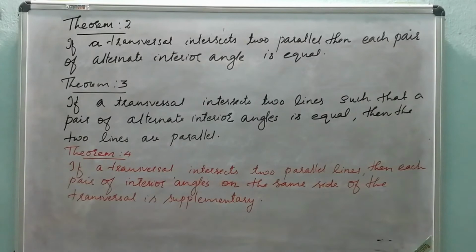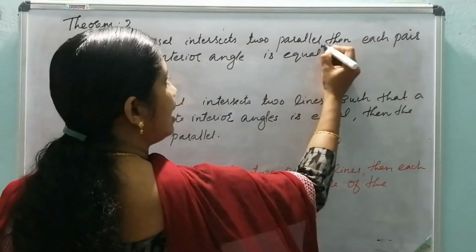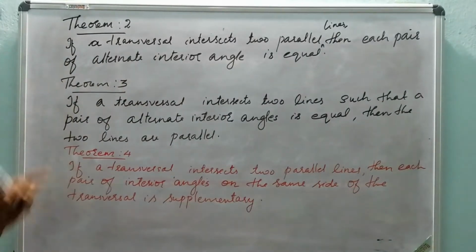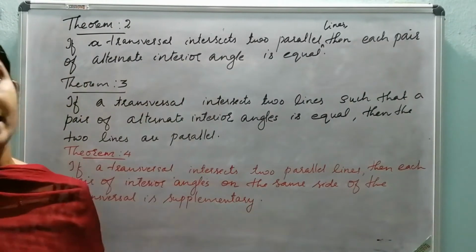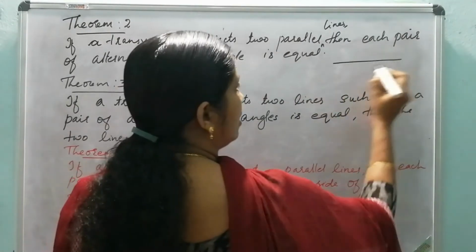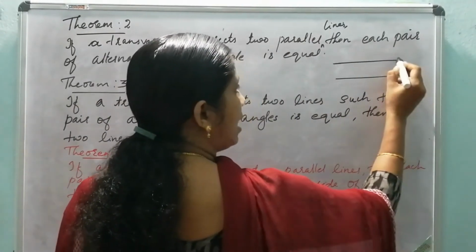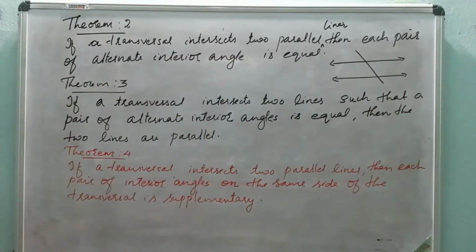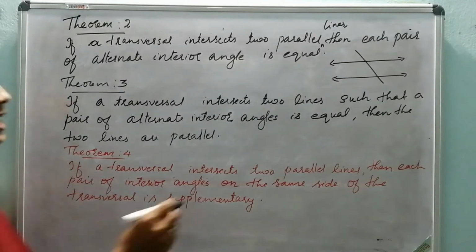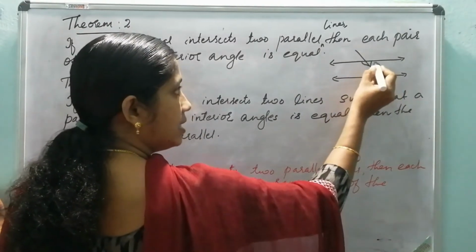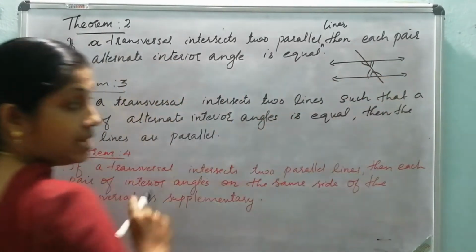That means if two lines are parallel and a transversal cuts these two parallel lines, then each pair of alternate interior angles, this angle and this angle will be equal, and this angle and this angle will be equal.